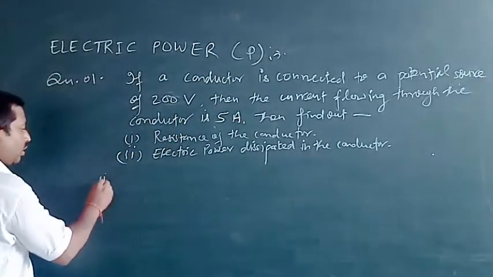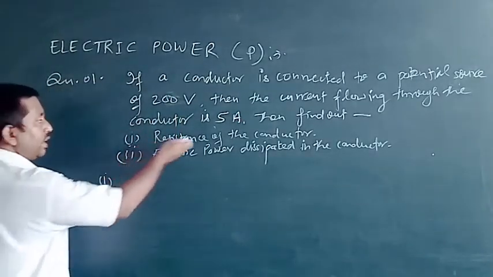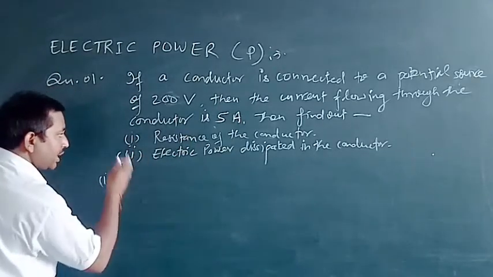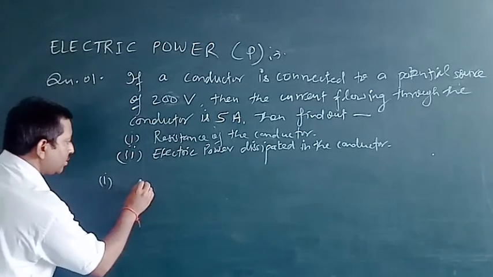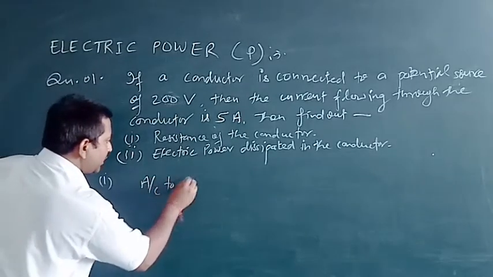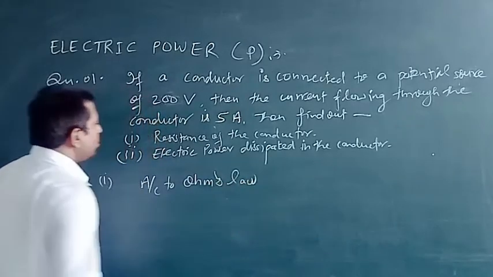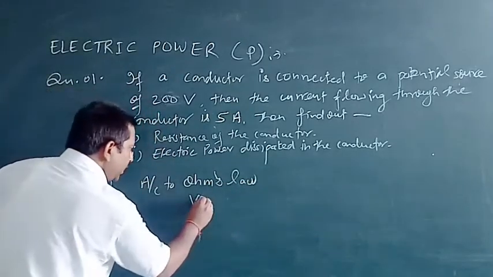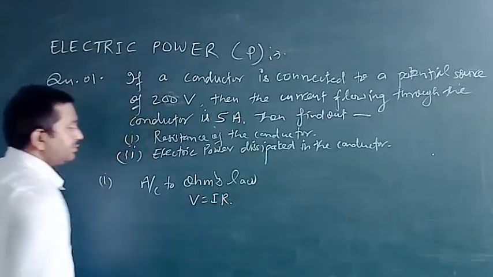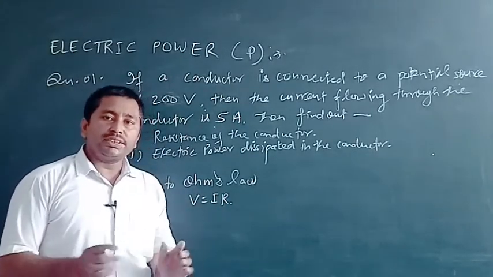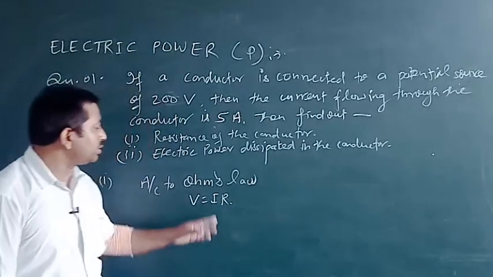So if we solve this question, first the resistance of the conductor can be found with the help of Ohm's law. According to Ohm's law, V is equal to IR, the potential difference across any conductor is directly proportional to the current flowing through it.